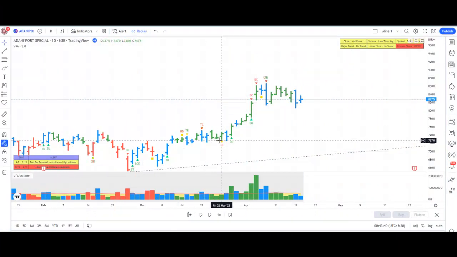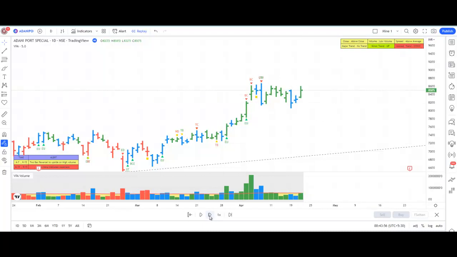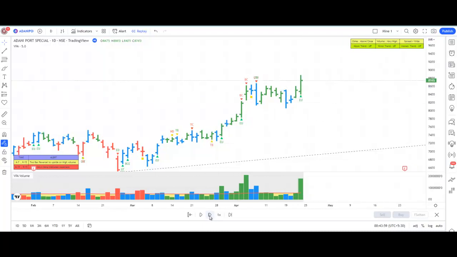In this example, I have the chart of Adani Ports. The stock has been moving up and then slightly going down. Our chart starts from the 20th of April 2022. Let's see how the prices play out further. A little effort to move up.